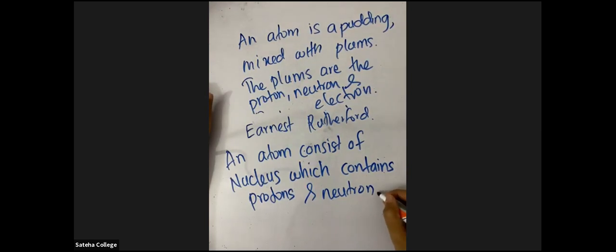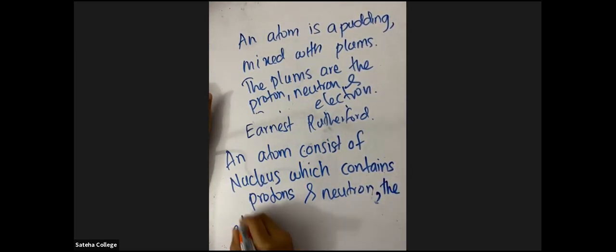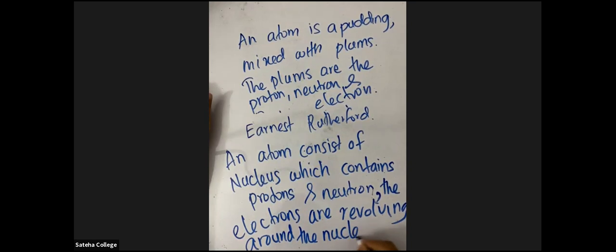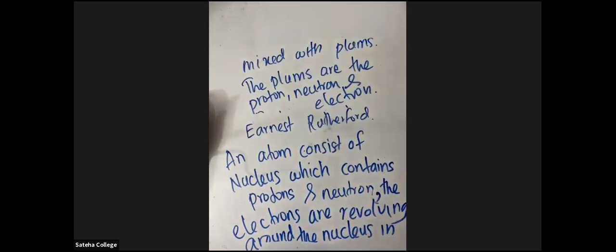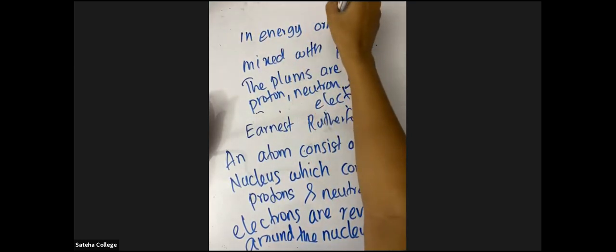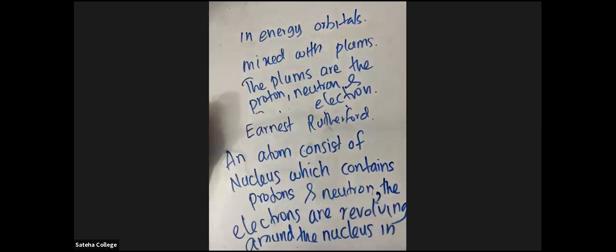Then put a comma and say, the electrons are revolving around the nucleus in energy orbitals. Understood?